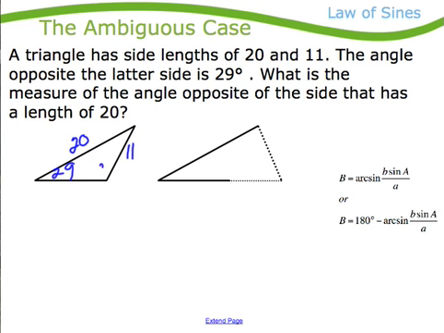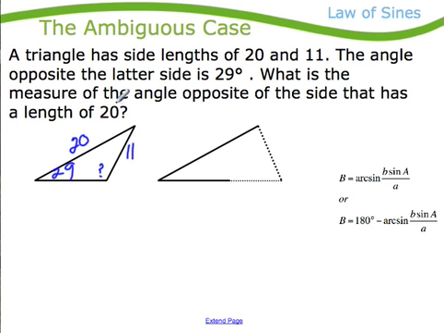So they want to know what this angle is over there. Well, this one counts as an ambiguous case, because I know a side and its angle, and I know this other side. Also, this side is shorter than this one, and I've made sure that the height restriction is also in there. So it is an ambiguous case.